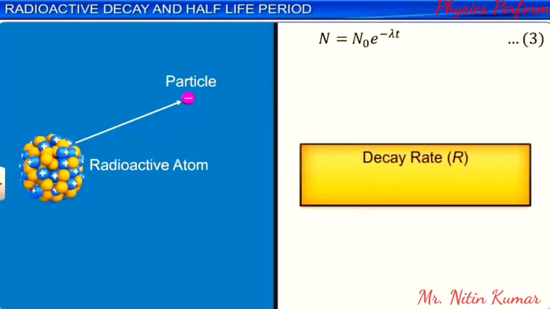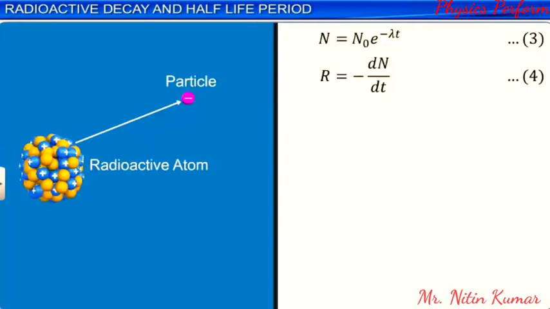Let this be equation 4. Decay rate R is also called the activity A of the sample. Substituting equation 3 in the equation 4, we get R is equal to minus d by dt of n naught into e power minus lambda t.